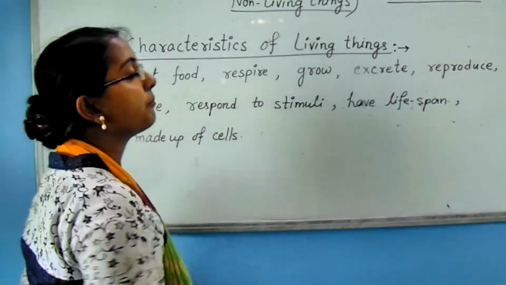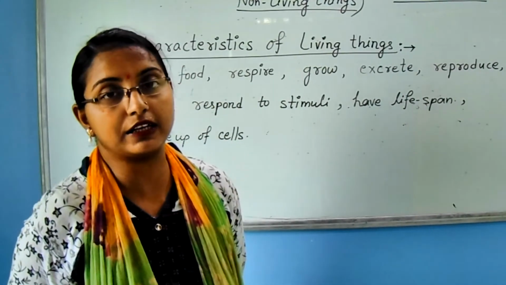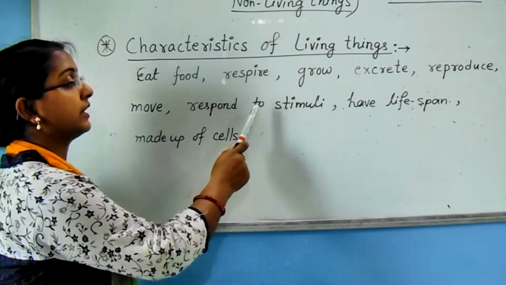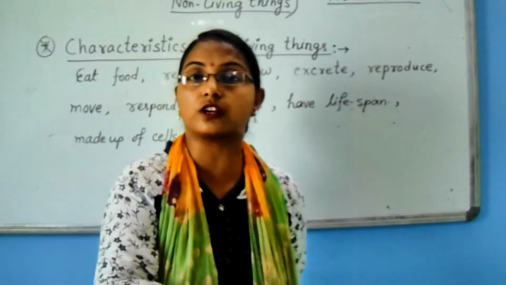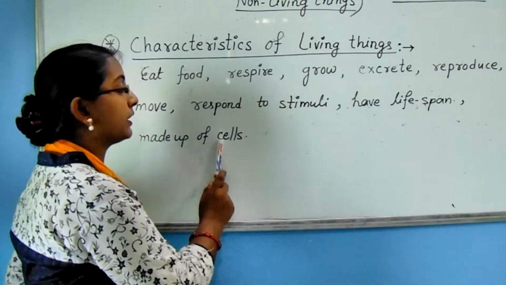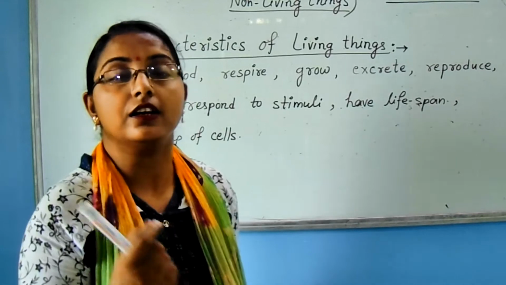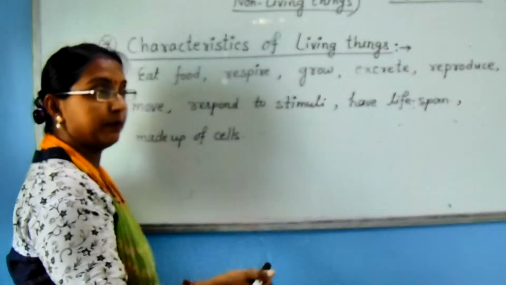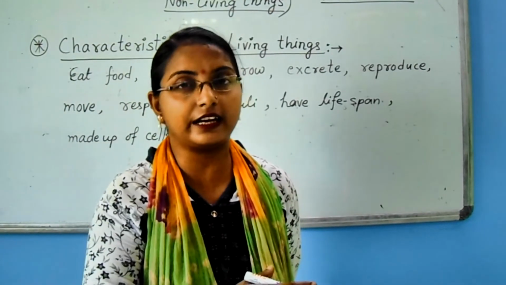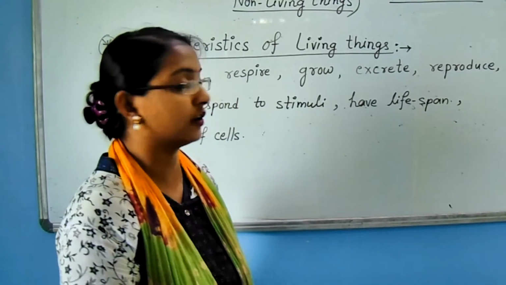Now at last, made up of cells. All living things can get food, respiration, growth, excretion, reproduction. All these properties can be fulfilled. They are made up of cells, even minute organisms like amoeba, paramecium, fish, tiger, animals, the rose plant or the banyan tree, or human beings.